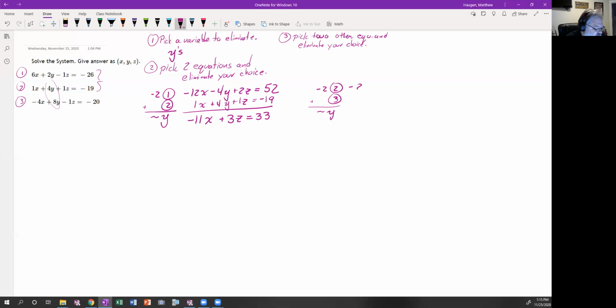And we're going to get a nice -2x minus 8y minus 2z equals 38. Check me on those. And -4x plus 8y minus 1z equals. So what, -6x minus 3z equals 18.